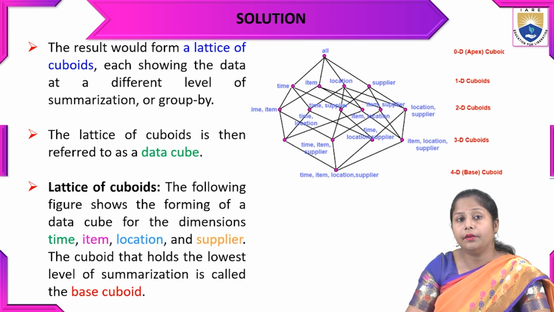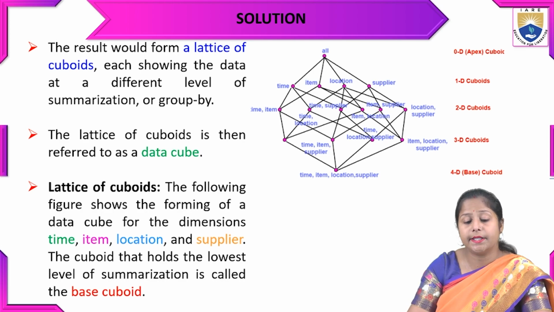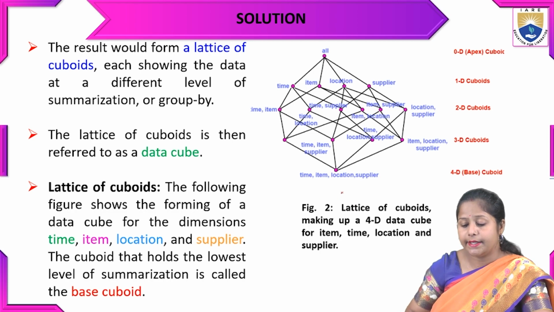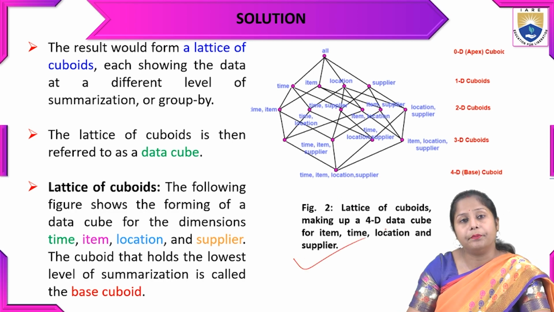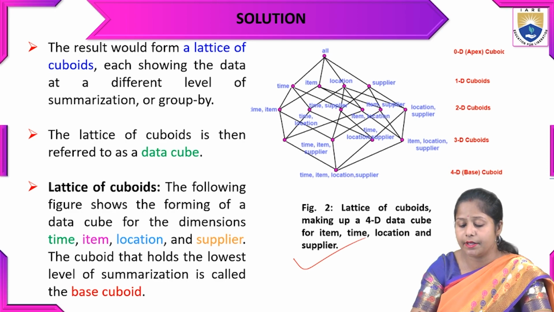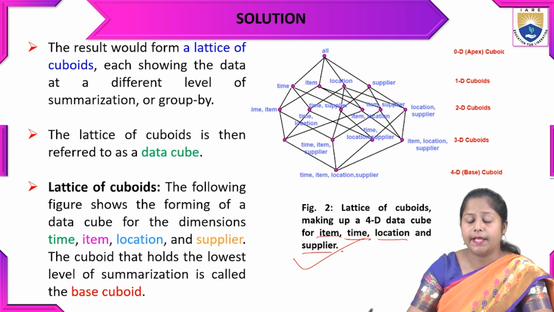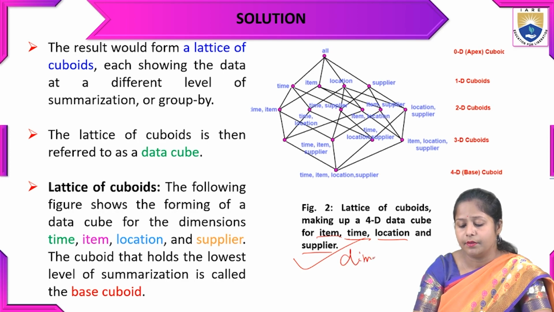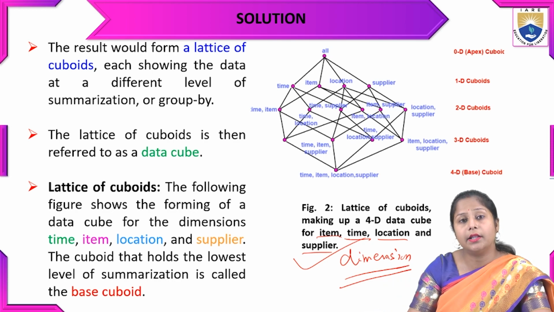We have seen the cuboid for time, location, and supplier dimensions, but the result can be seen as a lattice of cuboids making up the 4D data cube for item, time, location, and supplier dimensions. All the cuboids and data facts will be stored and viewed in the form of a structure called a lattice.